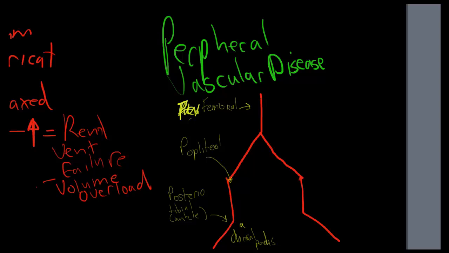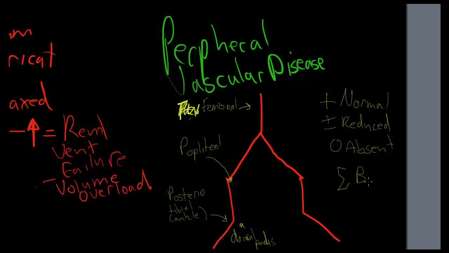And so if you're measuring a person, you measure these pulses and comment on what you feel or hear. So I'm just going to say plus equals normal, you can feel it, the minus is reduced, or 0 is absent, and a symbol for a bruit.